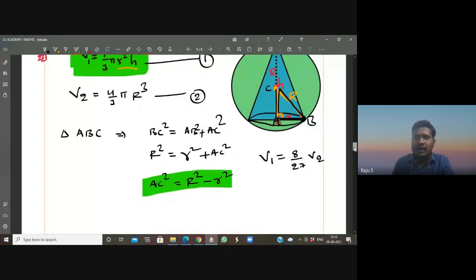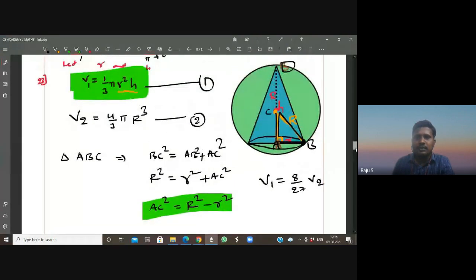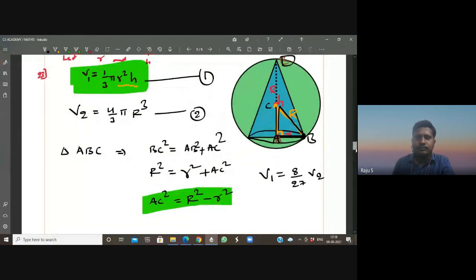But what is the height of the cone? That's 2AC. Yes. Height of the cone, it's not 2AC. How can you say it is? You see here, both will be same, from here to here only AC.